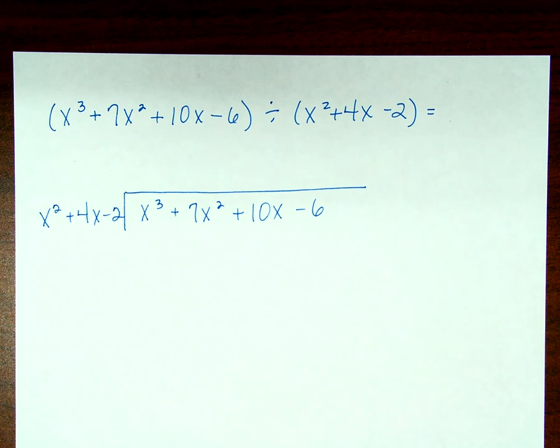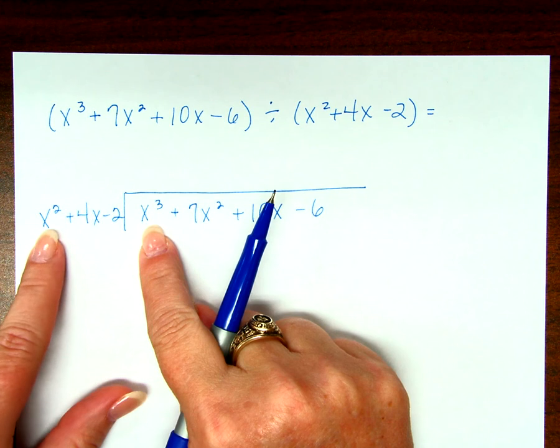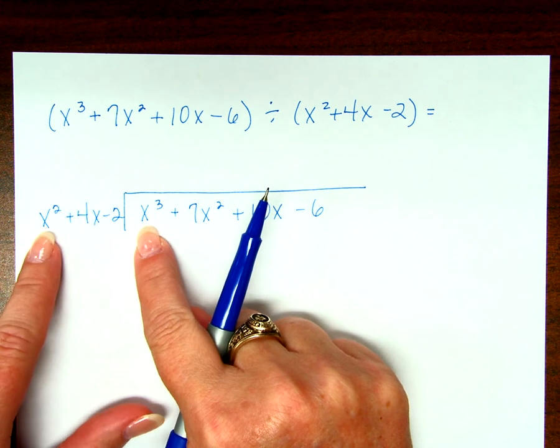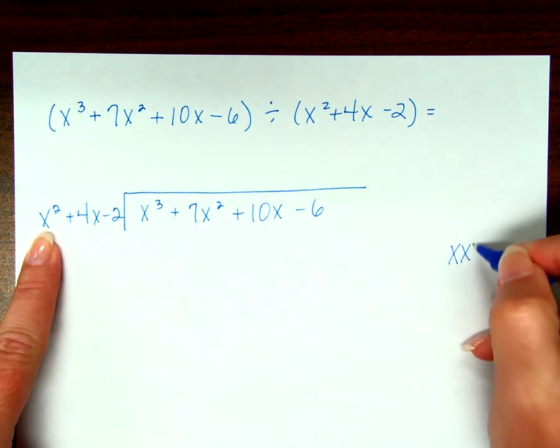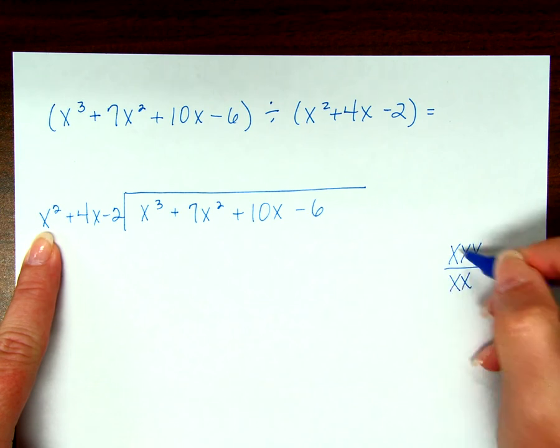Where do we start? So divide the first term by the first term. What do you get? x cubed divided by x squared.